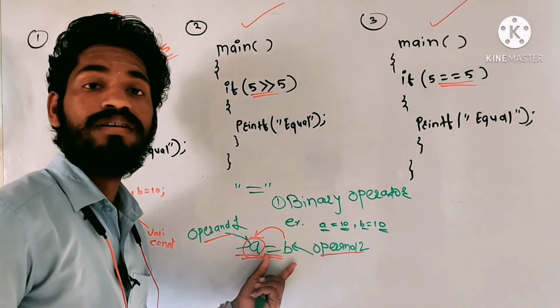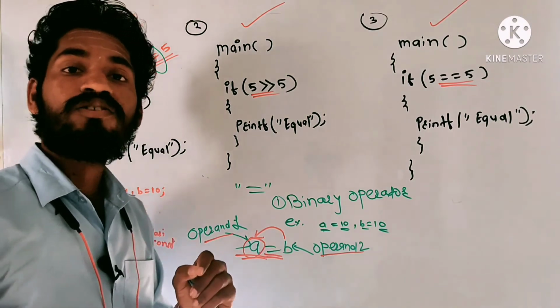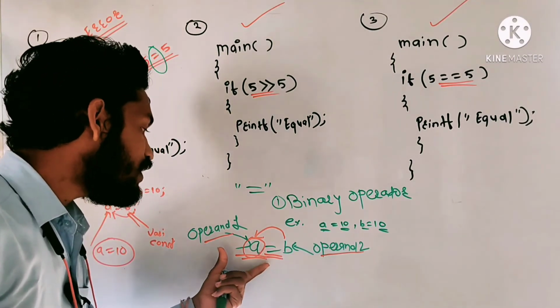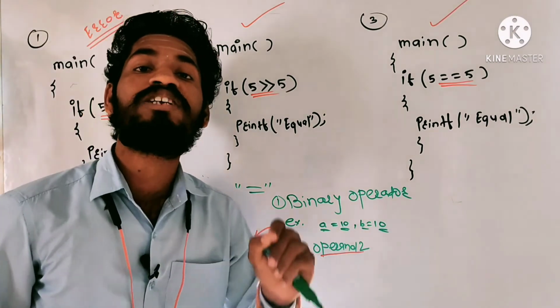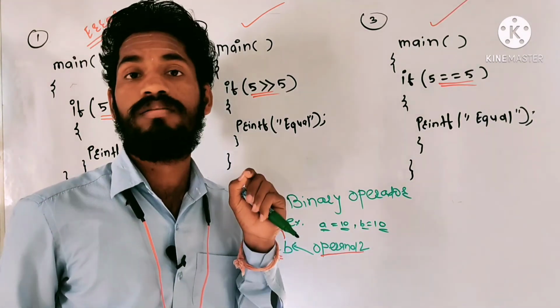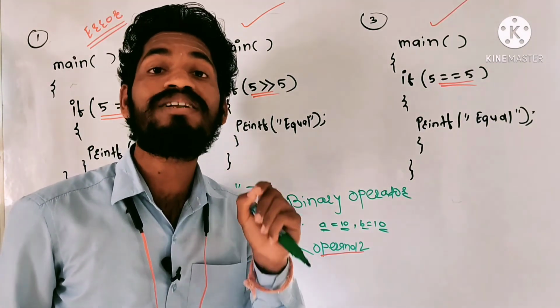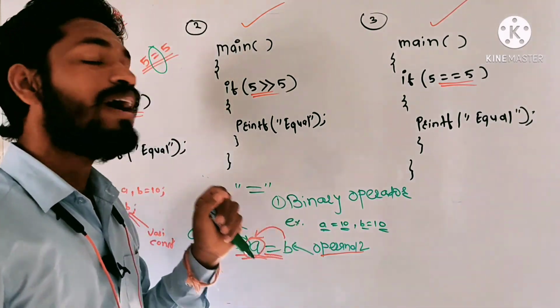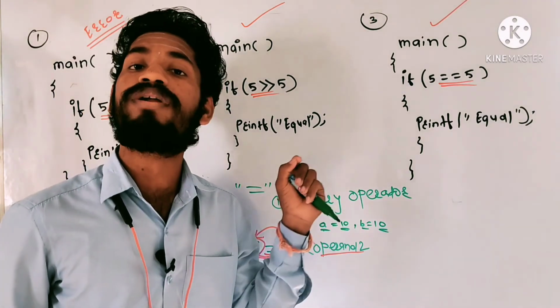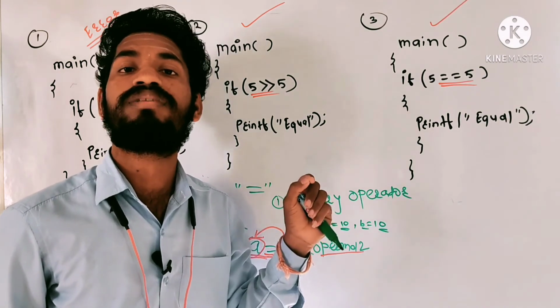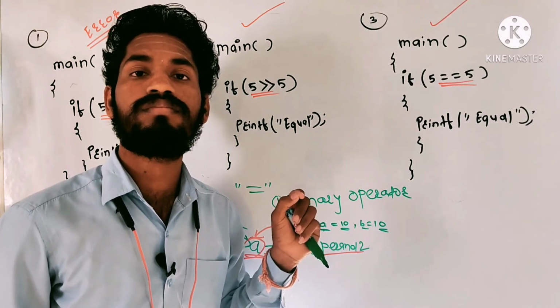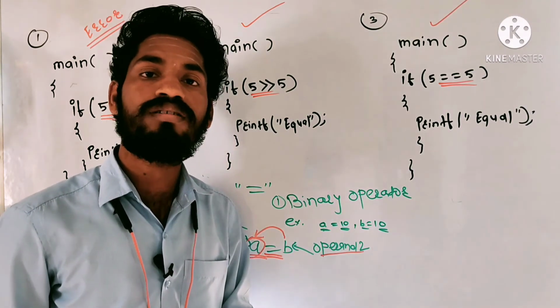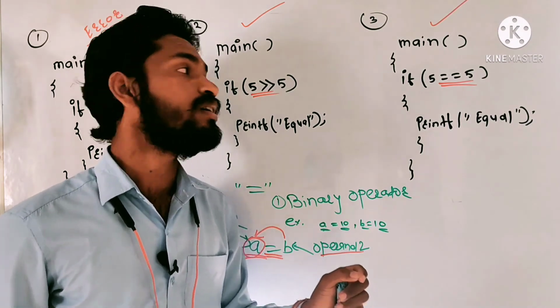Because of that modification, operand 1 must and should be a variable, because the assignment operator modifies operand 1, the left side operand. If you pass a constant, the compiler will definitely generate an error.